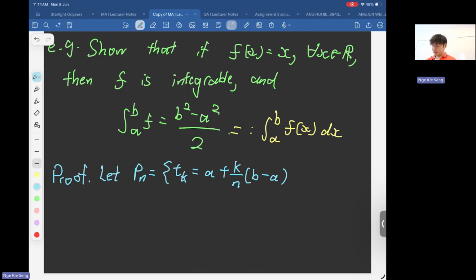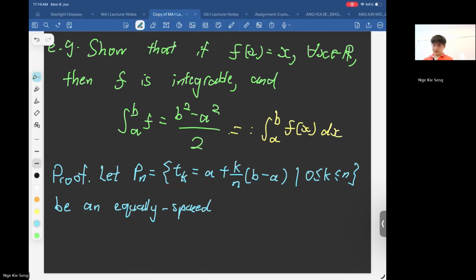So you take the original length, divide by n, and then add by a unit of 1 over n length. Then let P_n be an equally spaced partition with n sub-intervals.